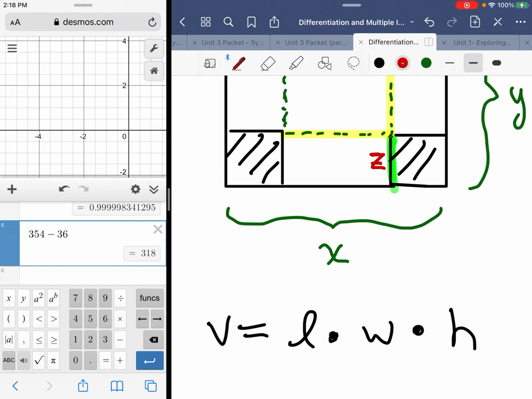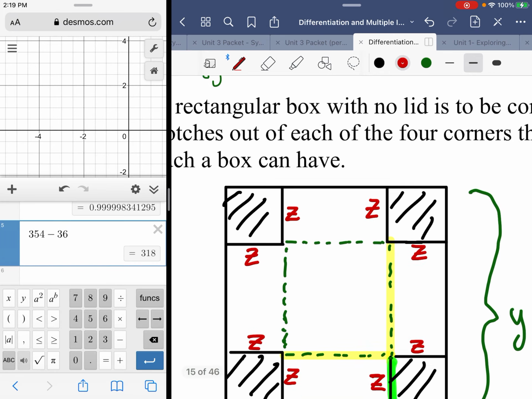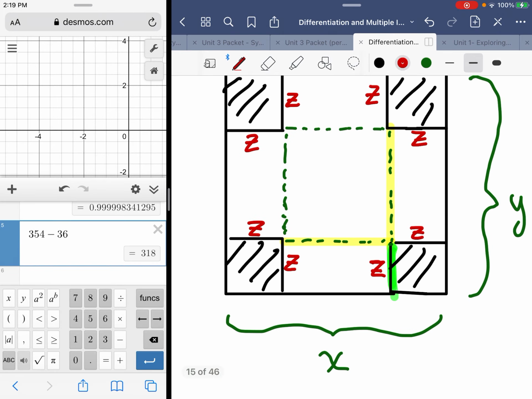All right, so I have 4 squares, each having 4 sides, but I only really need to label 2 of them, equal to z. All right, the overall length is x, and the overall width is y.